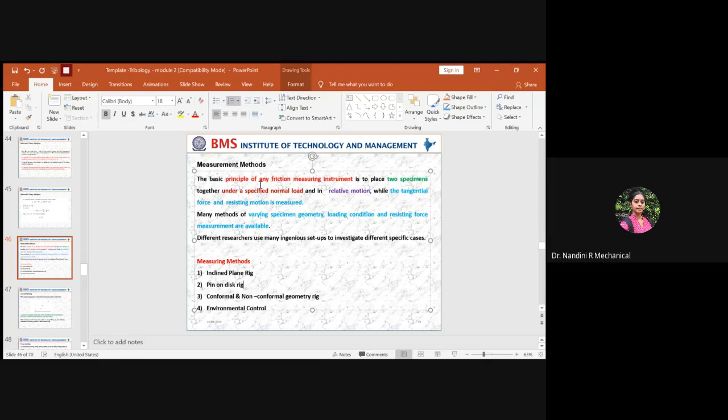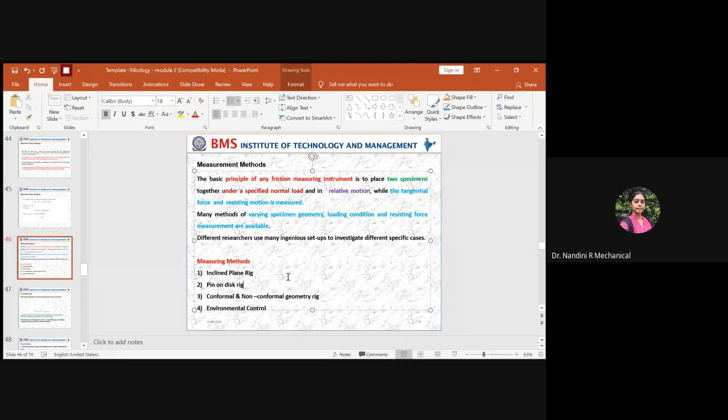To evaluate, we have different measuring methods. These methods keep on varying depending upon the geometry of the specimen you are using, the type of loading condition you are using, and the resisting force. All these things have to be evaluated.